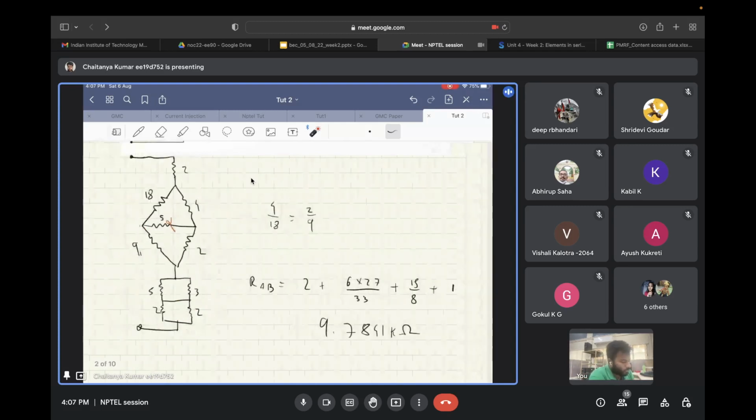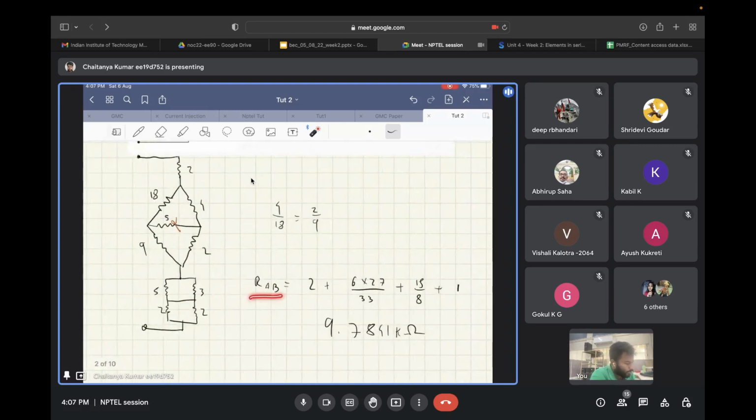So if you try to calculate the RAB, that will be 2 plus the resistance of this network plus the resistance of this network plus the resistance of this network. That comes out to be 9.78.